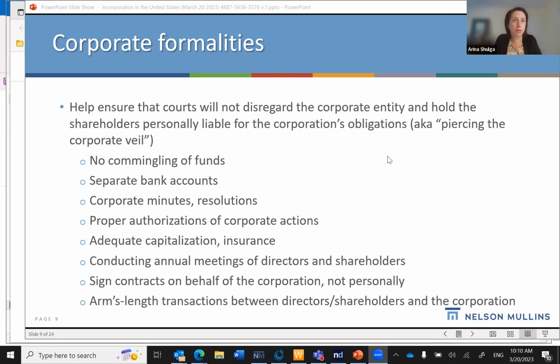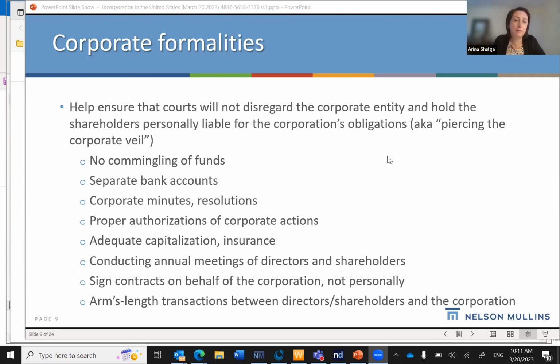You cannot just go into the corporation's bank account, take money, move money to your personal account, then move money back. That commingling of funds is a red flag for the courts when they're deciding whether or not limited liability protection should be honored, right?